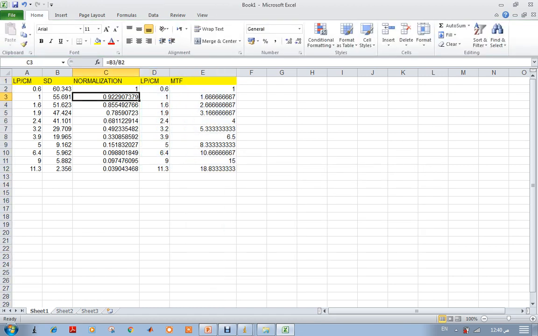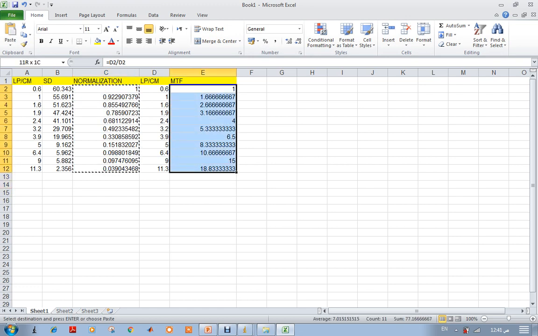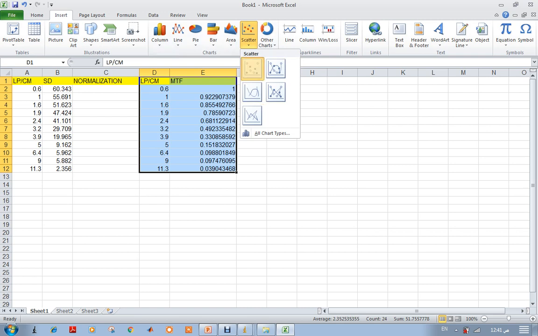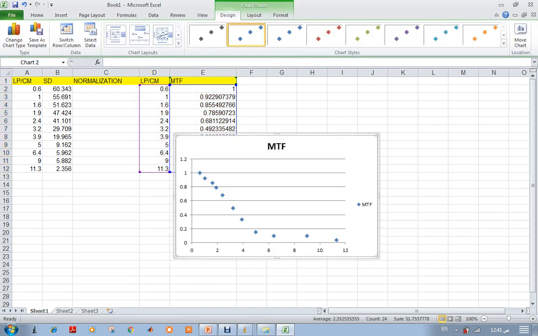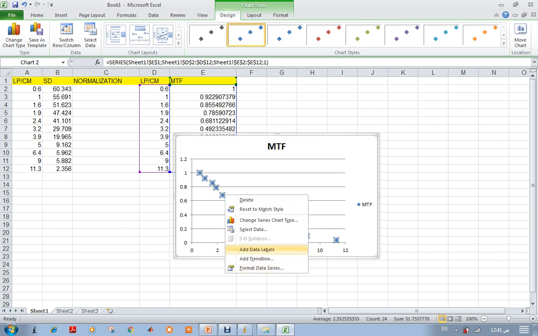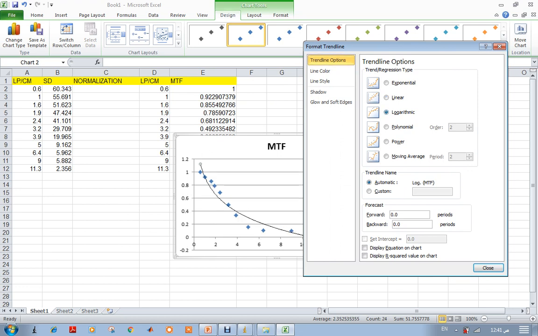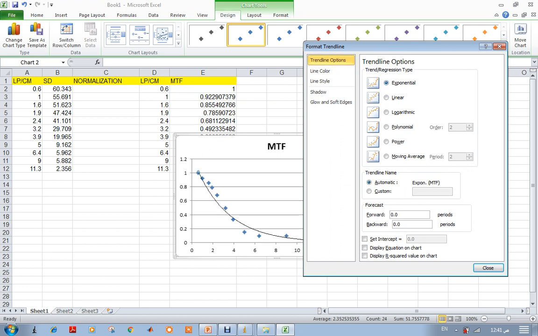Again, Control X, Control V. Okay, insert, scatter. Okay, add trend line. Exponential, I think. Okay, close.